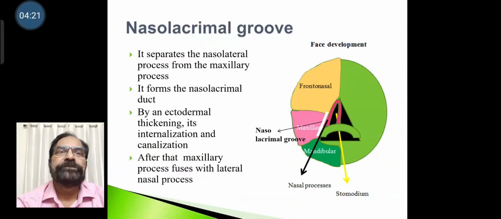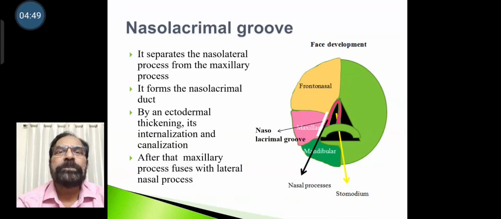Nasolacrimal groove. This can be seen in the picture. It separates the lateral nasal process from maxillary process. It forms the nasolacrimal duct. It is by an ectodermal thickening, its internalization and subsequent canalization.